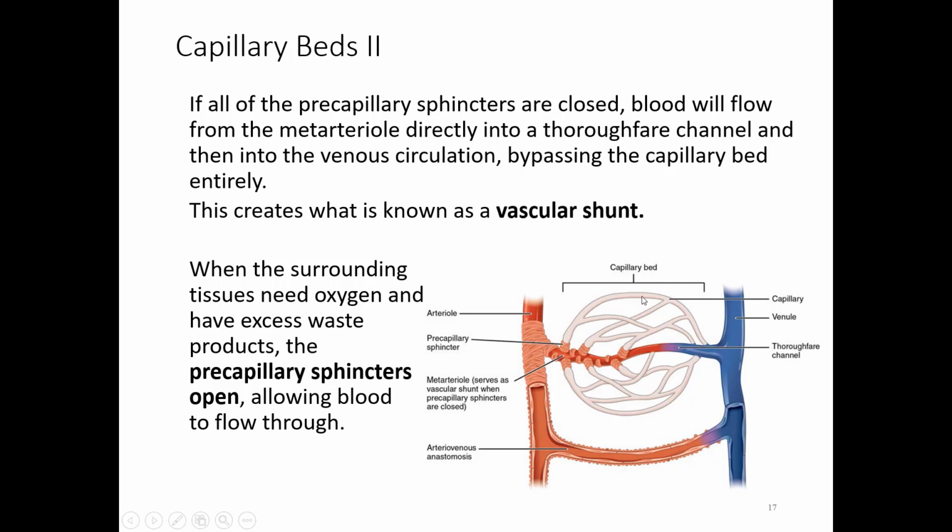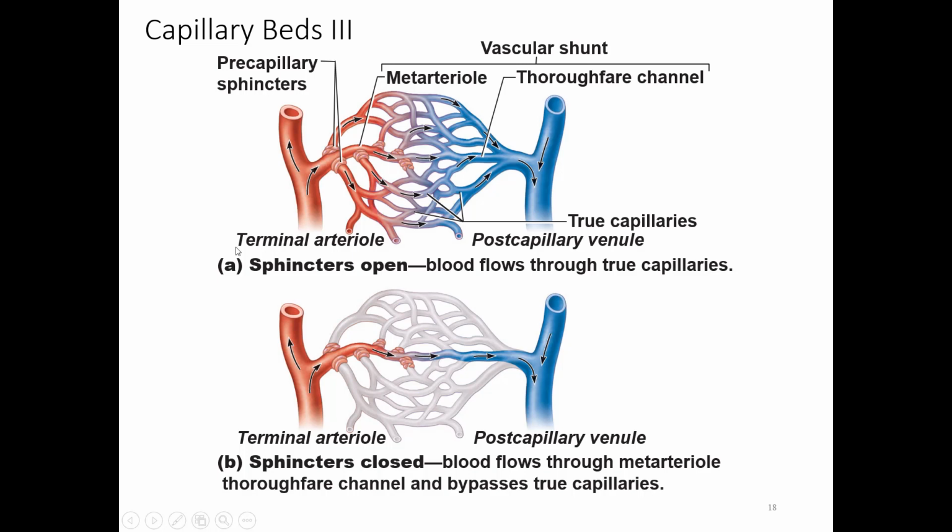When those surrounding tissues need more oxygen, precapillary sphincters open and blood goes through, filling all those cells with oxygen and nutrients. So here sphincters are open, blood goes through absolutely all those capillaries, and here sphincters are closed.